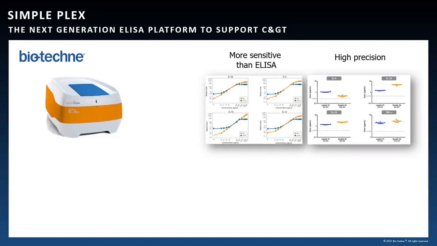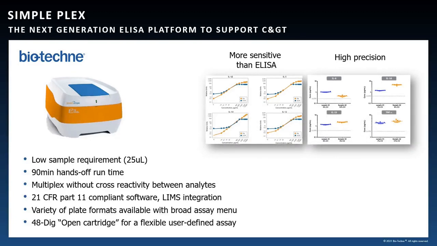SimplePlex is an automated ELISA, and our instrument shown here, Ella, is well suited to replace any ELISA in your gene therapy analytics arsenal. Ella runs ELISA assays with improved sensitivity and dynamic range and ultra-high precision. The platform only requires 25 microliters of sample volume per well and completes in about an hour and a half.